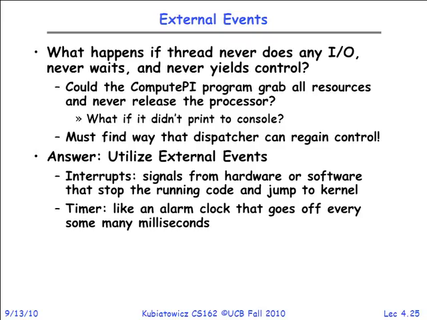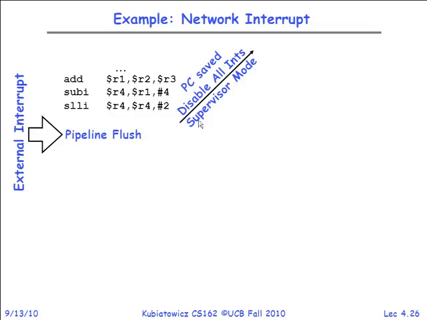This is some assembly code that's executing along. And all of a sudden, an external interrupt happens, like the network interrupt. And what this really does is it causes the pipeline to stall right there and flush. We save the program counter so that we can know how to return. We disable all interrupts and go to supervisor mode. So that basically is putting us in the kernel.